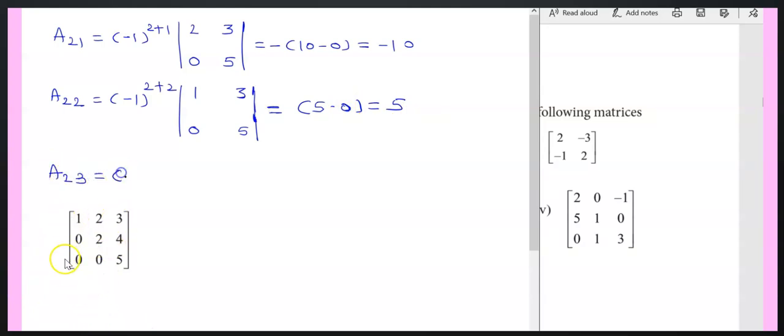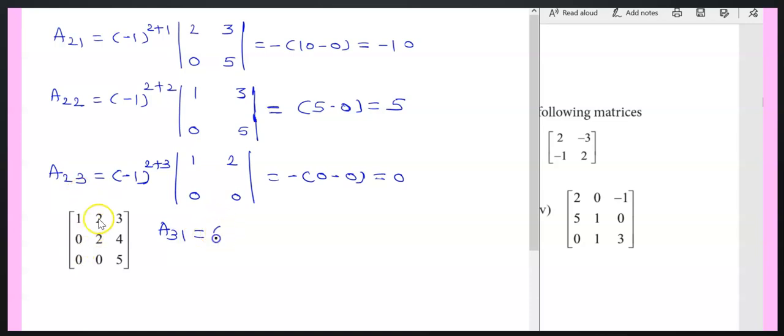This is 1 2 0 0. This is 0. Next is A31, that is 2 3 2 4. These are the elements. Then minus 1 raised to 3 plus 1, 2 3 2 4. Then you will get 8 minus 6, which is 2.